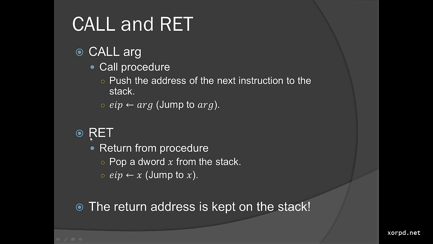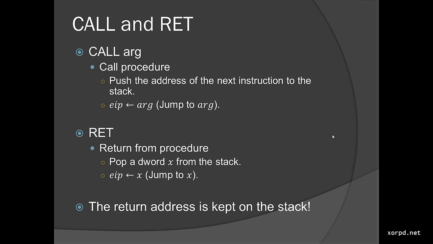Next, let's take a look at the Ret instruction. Ret stands for Return from Procedure. This instruction basically does two things. First, it pops a dword X from the stack, and then it jumps to location X. Or maybe in different words, it sets EIP to have the value X. So, we can conclude from what we have seen about the description of Call and Ret that the return address is kept on the stack.